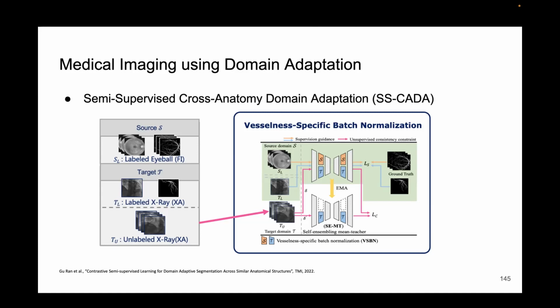The hypothesis is that the unlabeled X-ray data, with the domain adaptation that happened in the first stage, should share a certain overlap in the feature space with the labeled source data.